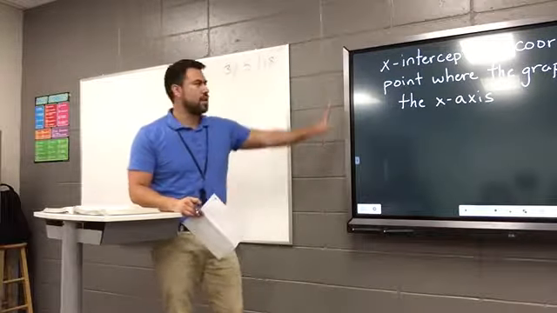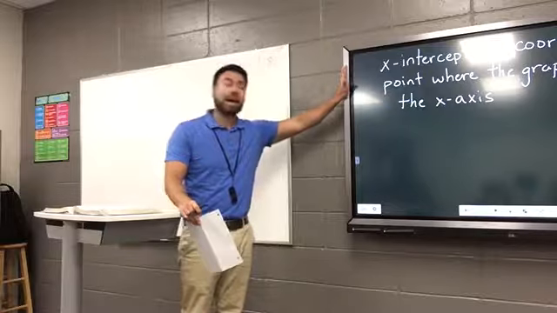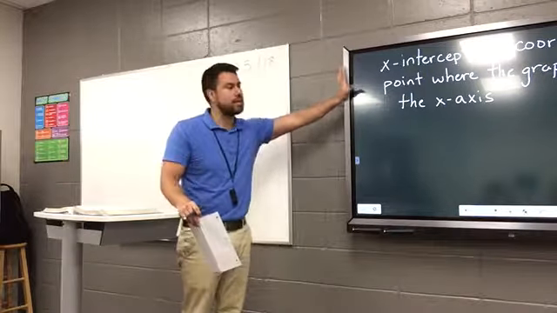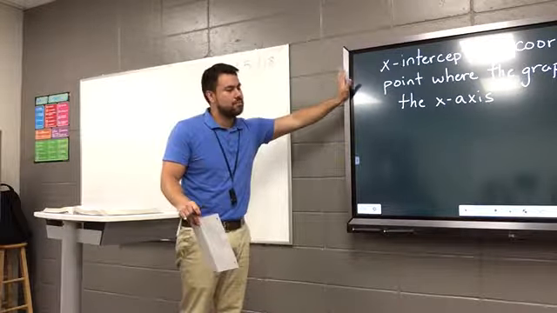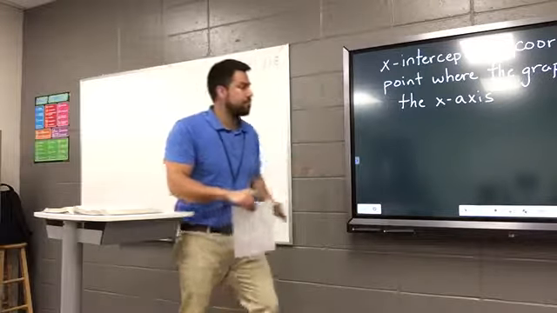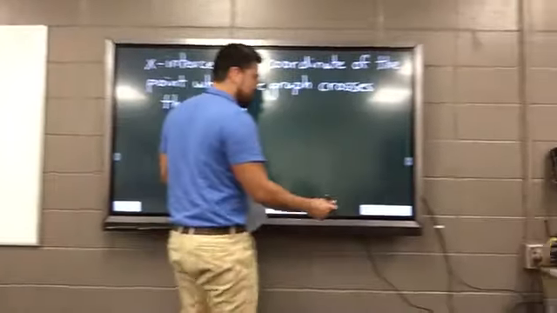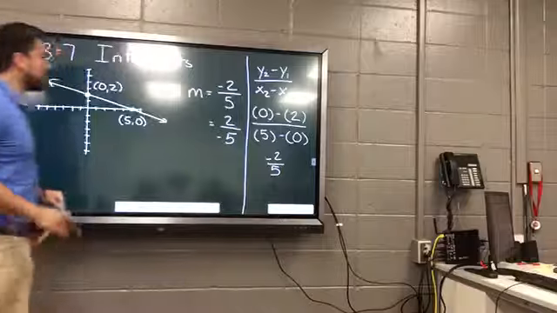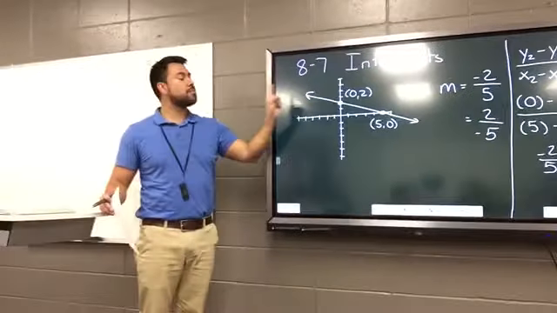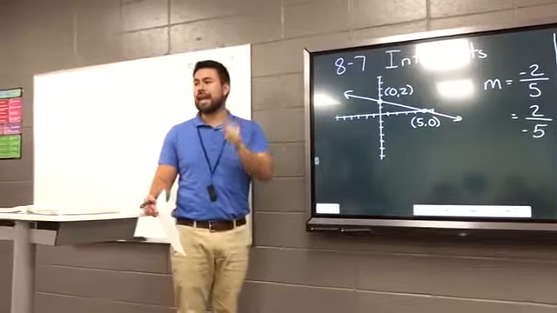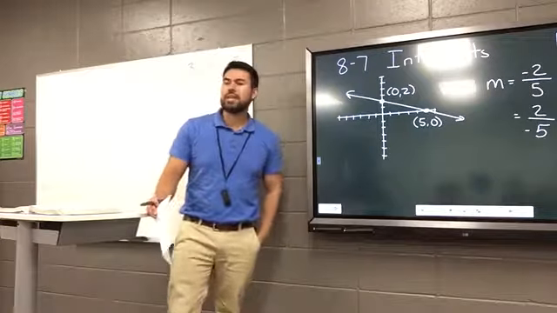Okay? So if you get that down, we're going to move back to the original graph and see what that is. And I'll come back to this if you didn't get it all down. Looking at my graph, where does my line cross the x-axis? Where does it hit the x-axis?